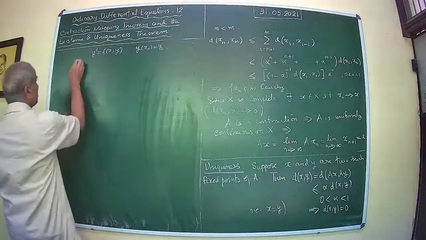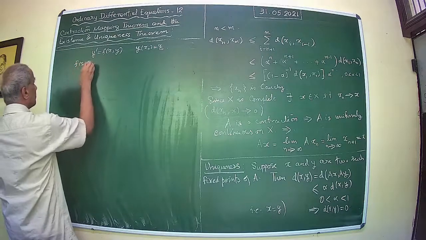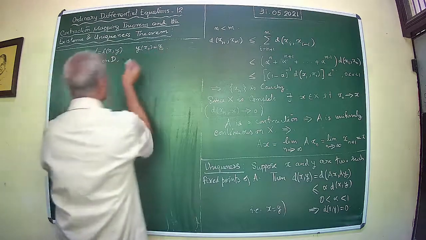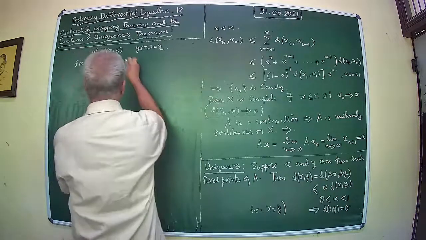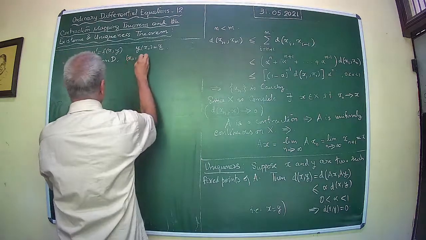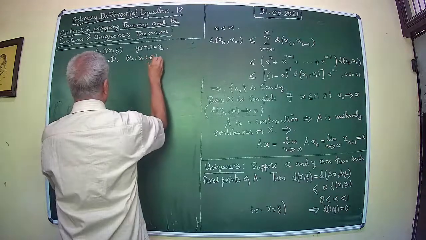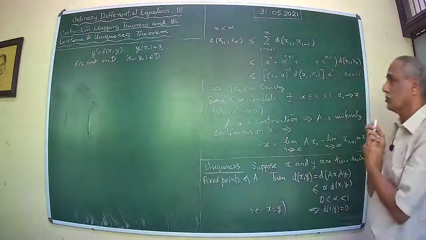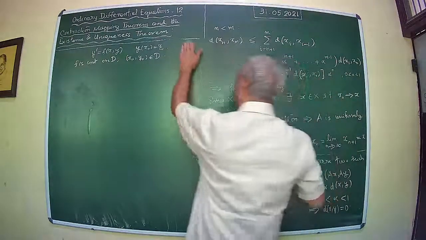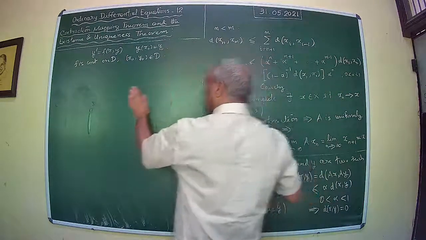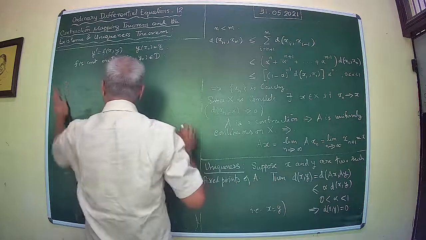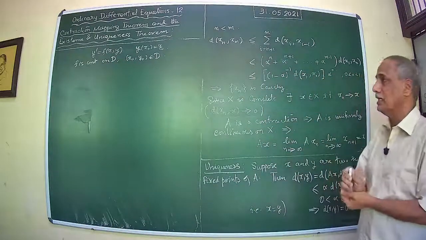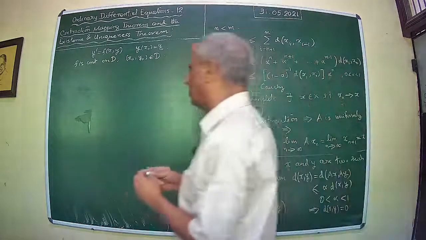F is continuous on D, and x naught, y naught belongs to D. Then, as we proved earlier, you take a rectangle S and from that you construct the rectangle R and so on.